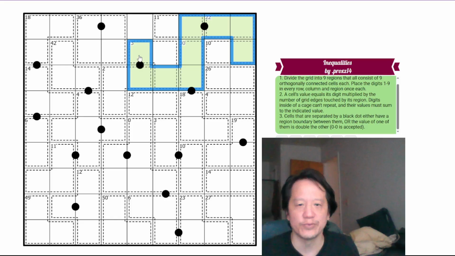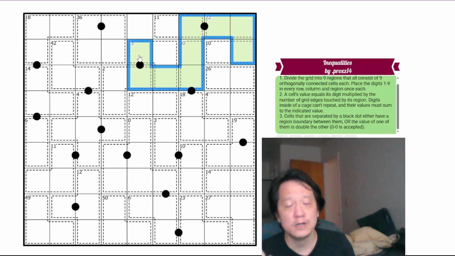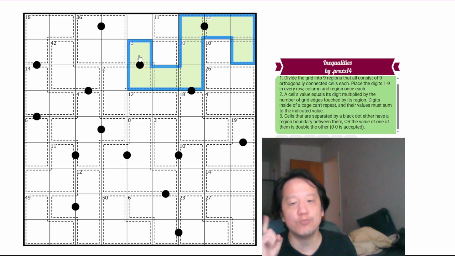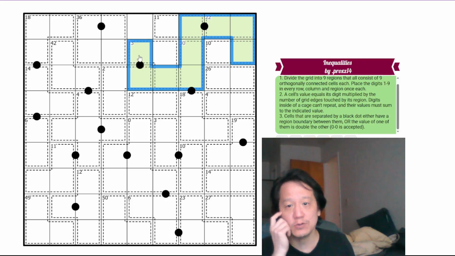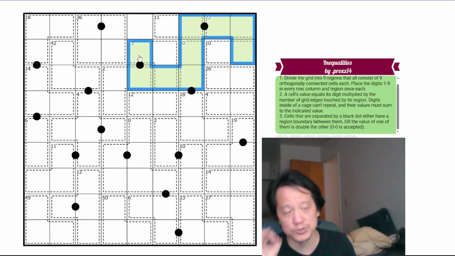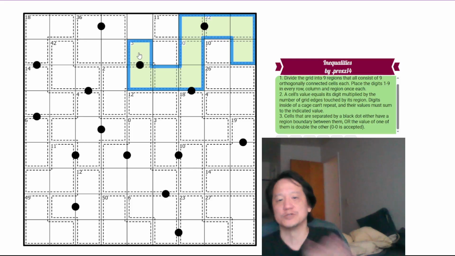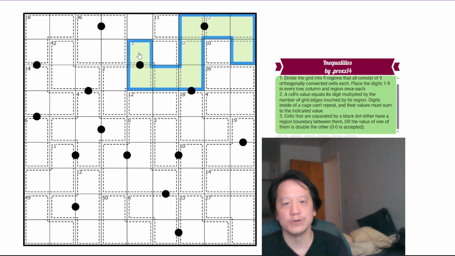Cells that are separated by a black dot either have a region boundary between them, or the value of one of them is double the other, and 0, 0 is accepted. So 0 times 2 is obviously 0. That's why you can have 0 and 0 there.